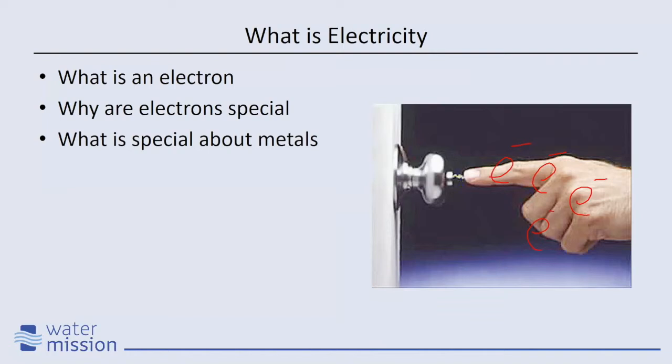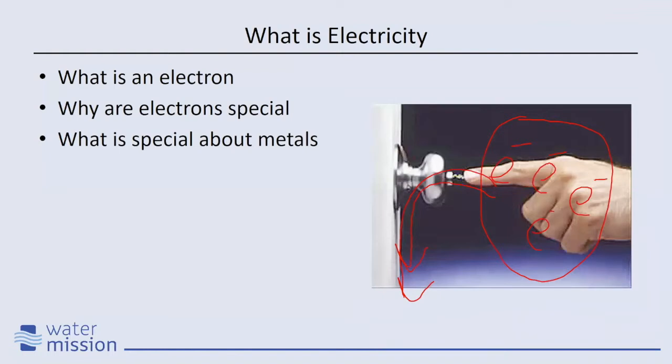But as you approach an object that is grounded, your doorknob, maybe your big sister, these electrons are going to jump through that object and go down to the ground, creating a flow of electricity. So we have a lot of electrons that have created a pressure as they try to get away from each other because similar charges repel each other. They're trying to get away from each other, which generates a flow of electricity. Okay?